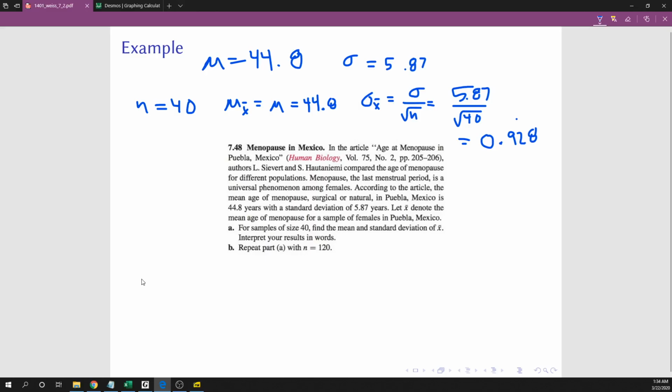Part B, repeat with n equals 120. So n is 120. The mean of the sample means is going to be exactly the same as the population mean. So 44.8. The standard deviation of the sample means is going to be equal to the population standard deviation, 5.87, divided by the square root of 120.